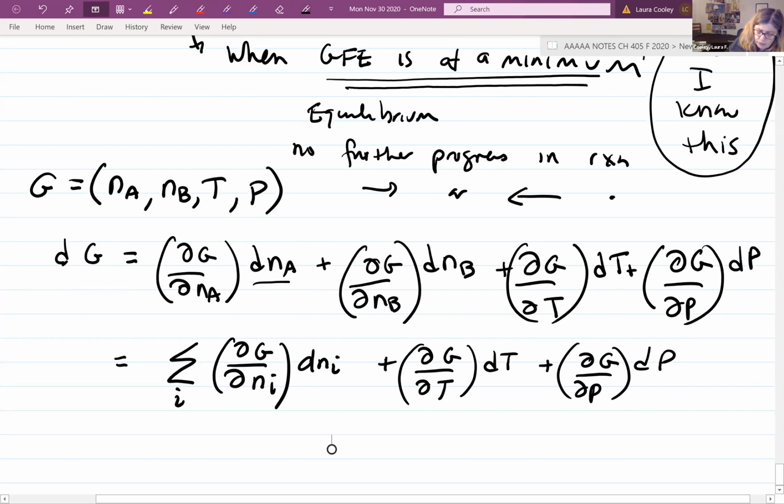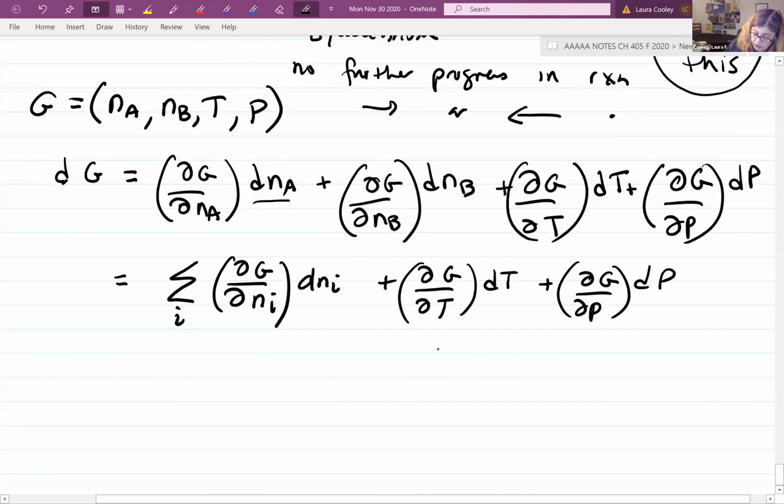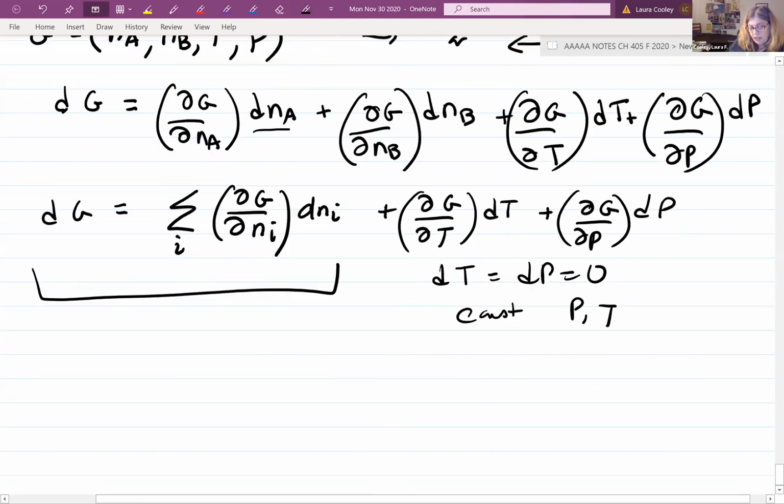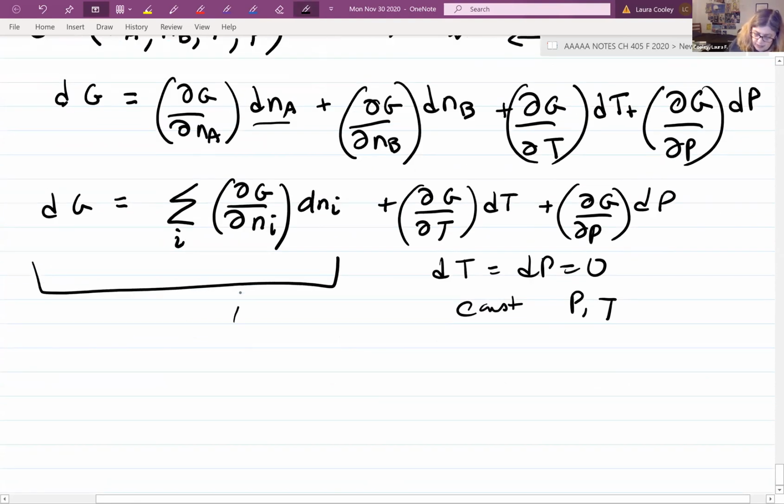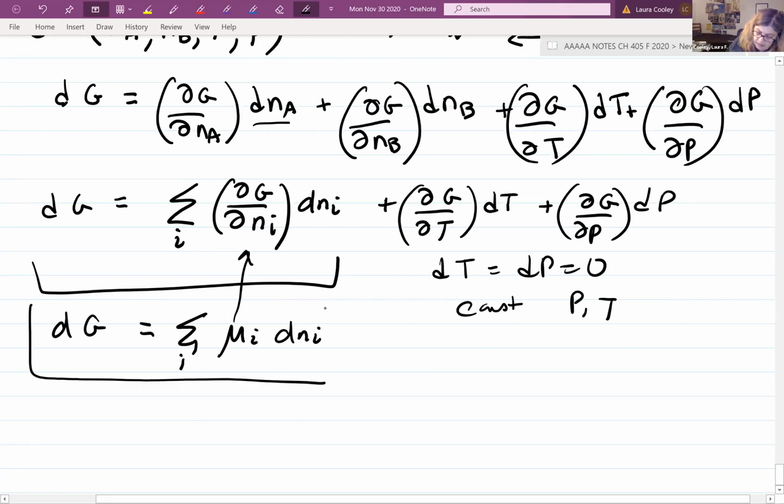Where we're going with this is we are going to say that the temperature and pressure are constant, and we're going to deal only with this part of the equation. This derivative here is known as the chemical potential. So we end up with this equation, that is a change in Gibbs free energy.